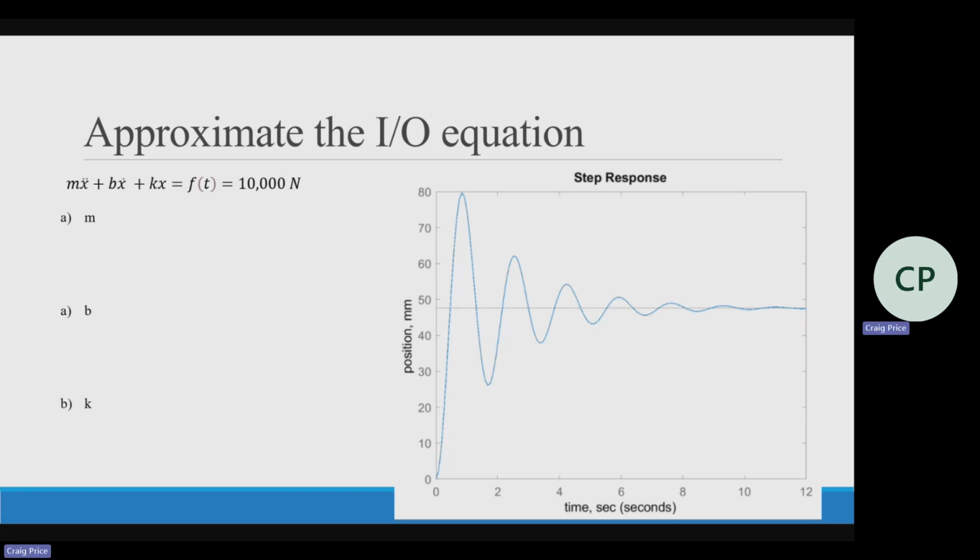We know, let's put down the stuff we know. Natural frequency we found to be 3.51 radians per second. Damping ratio we found to be 0.1097, unitless. We can get B and K right now. How?